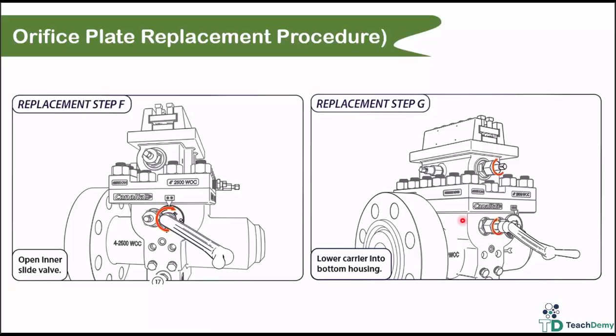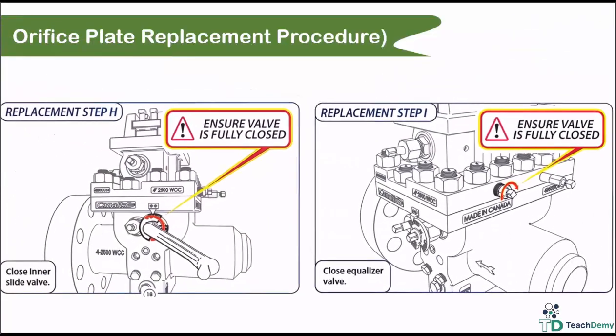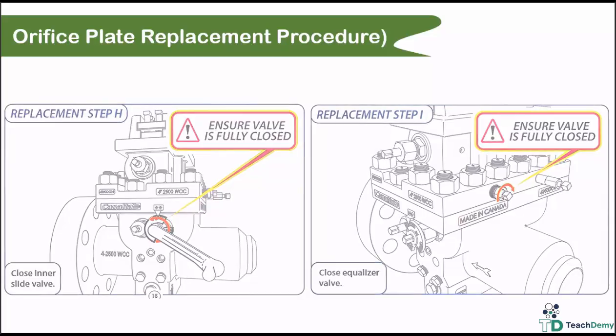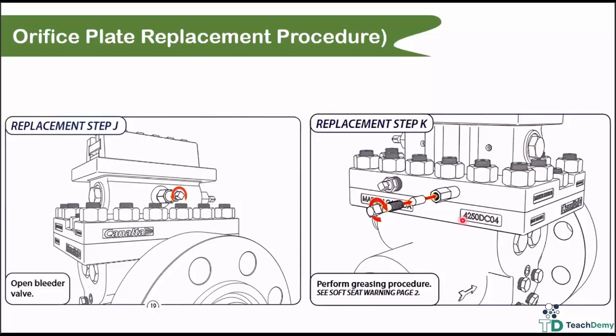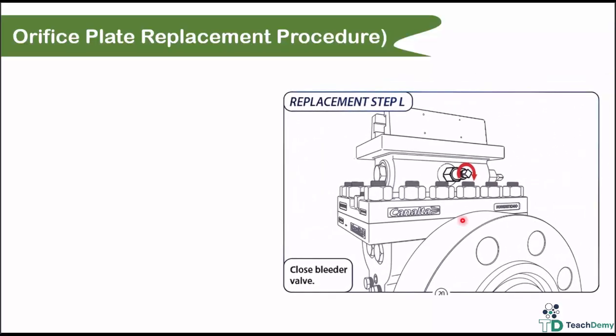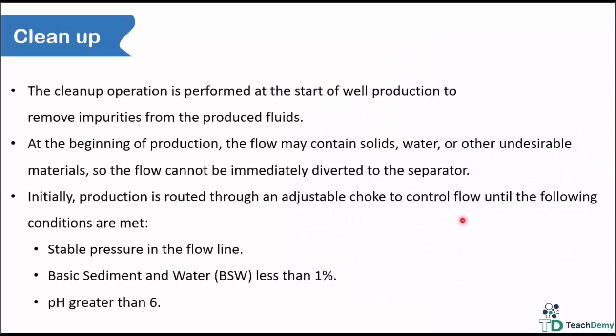And next, we rotate the lower carrier arm to bring the orifice completely down. After the orifice reaches the bottom, we close the sliding door arm and finally close the equalizer valve. At the end, we open the bleeder valve and apply grease to the Daniel, and then close the bleeder valve. These are all the step-by-step procedures for replacing an orifice plate in a Daniel orifice system.